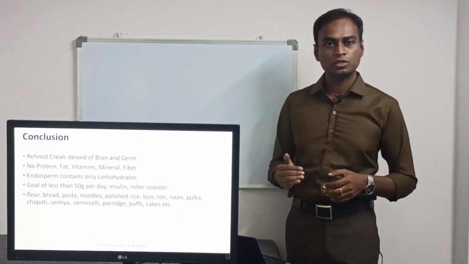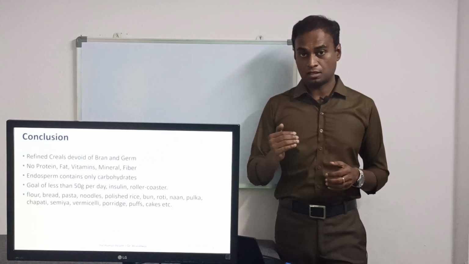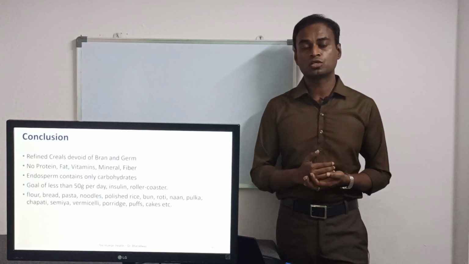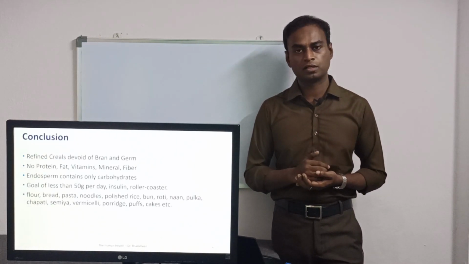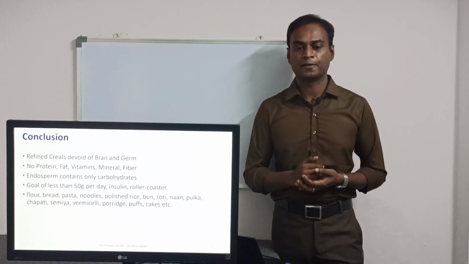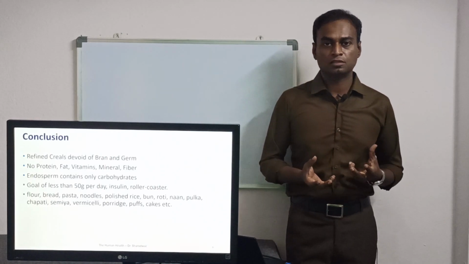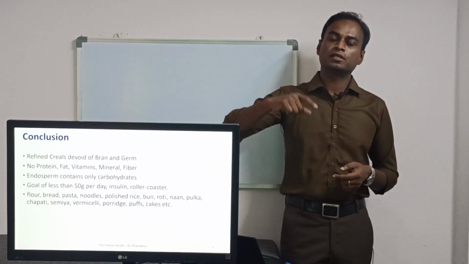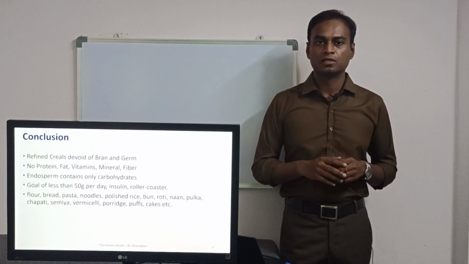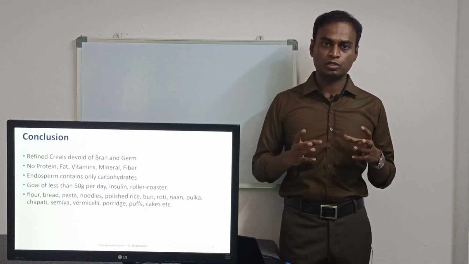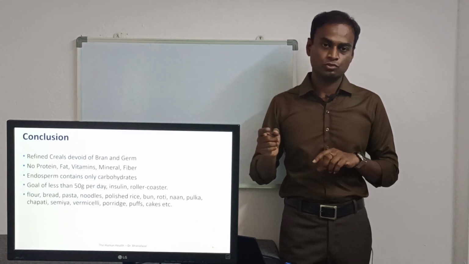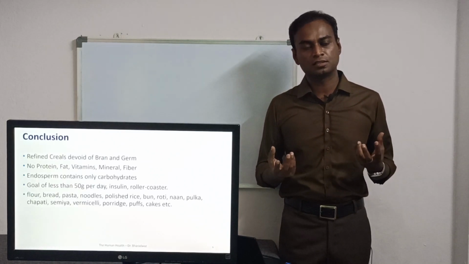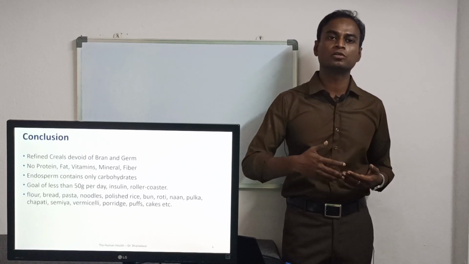And these cereals are going to interfere with our major and the most important requirement, keeping the carbohydrate less than 50 grams per day. What happens when you eat cereals is your insulin is going to shoot up. Before insulin shoots up, the carbohydrate content in your blood is going to shoot up.